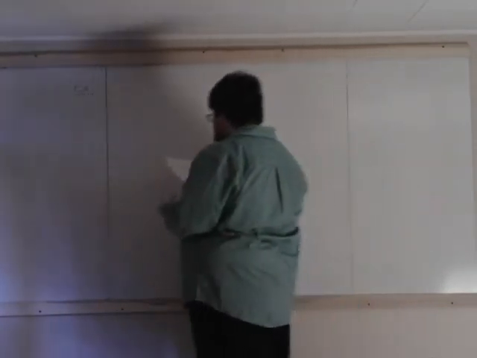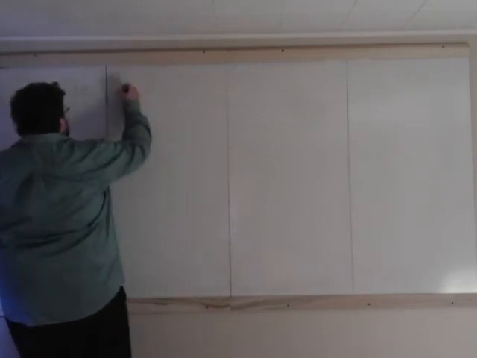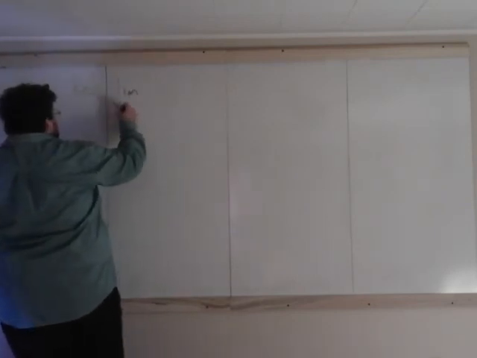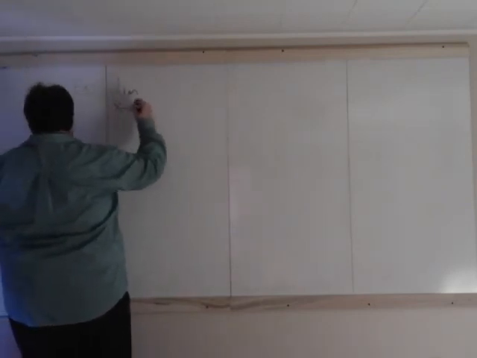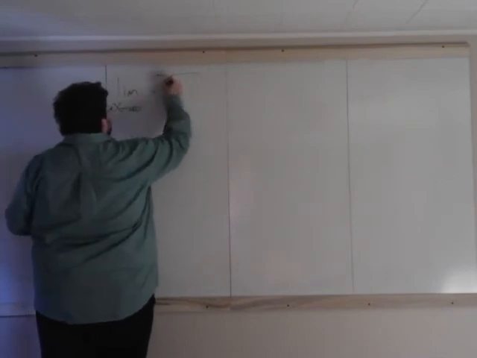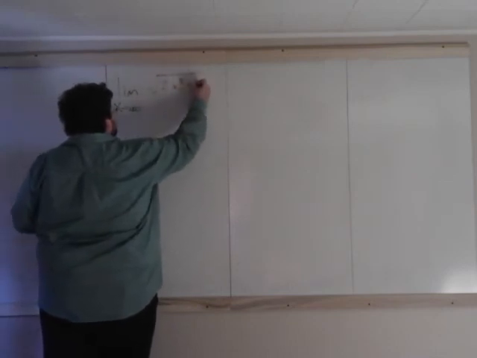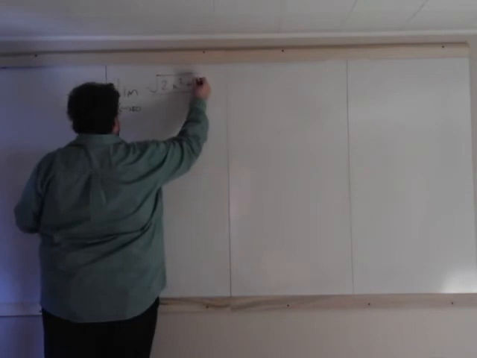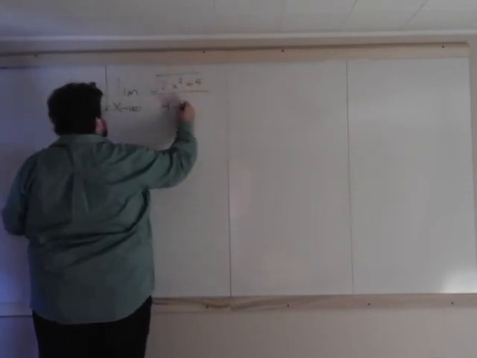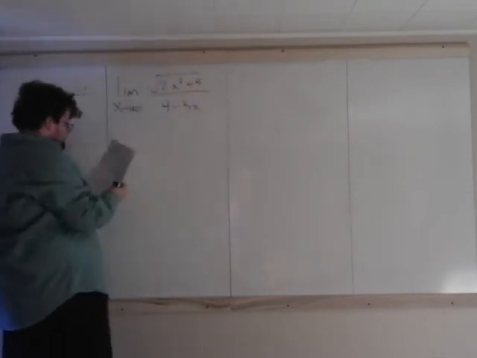So let's see that. Limit as x goes to infinity of root 2x squared plus 5 over 4 minus 3x.